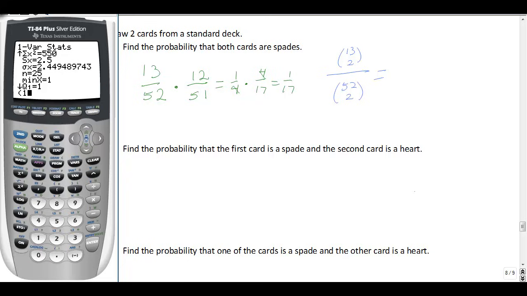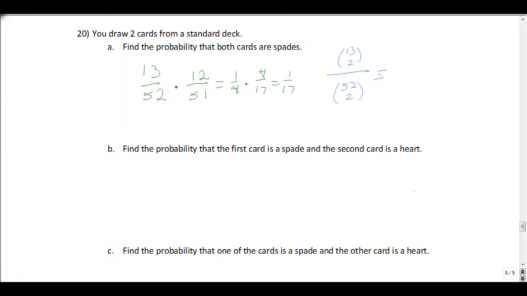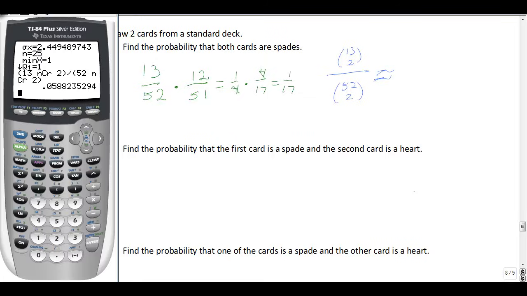I can do 13 math probability nCr 2, close parenthesis, and then divide by 52 math probability nCr 2. And that should give me the same probability. So what I'm getting here, as an approximation, is 0.0588.